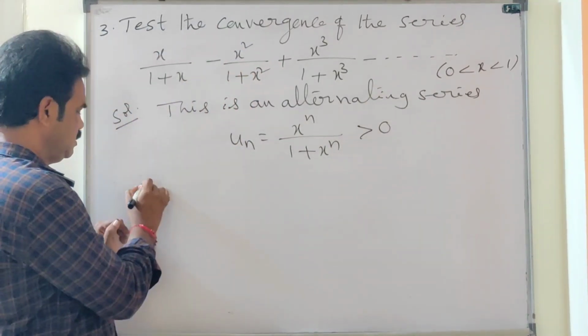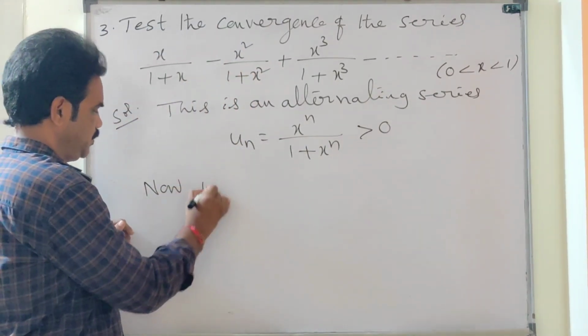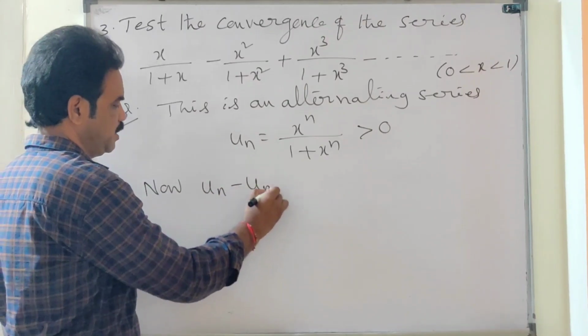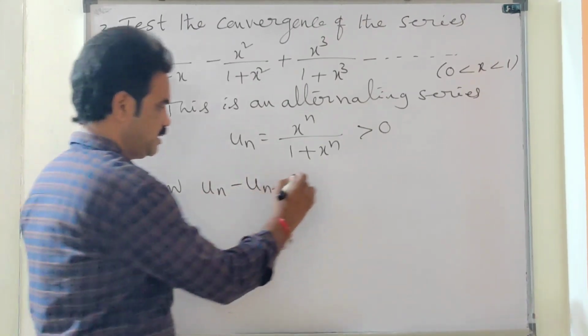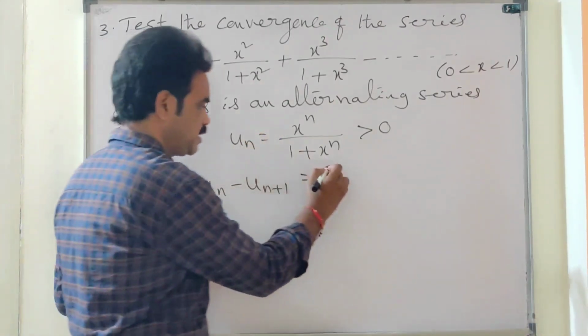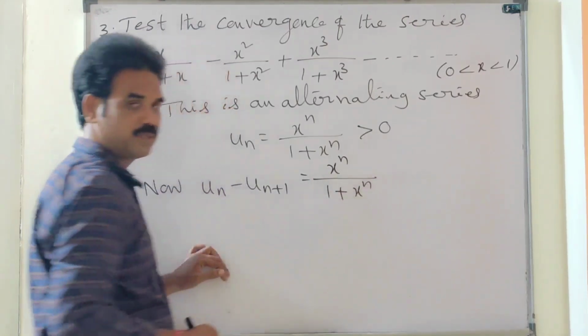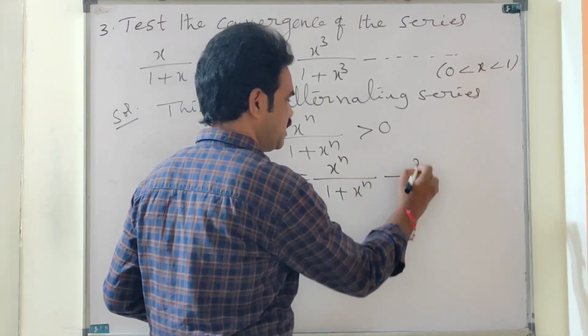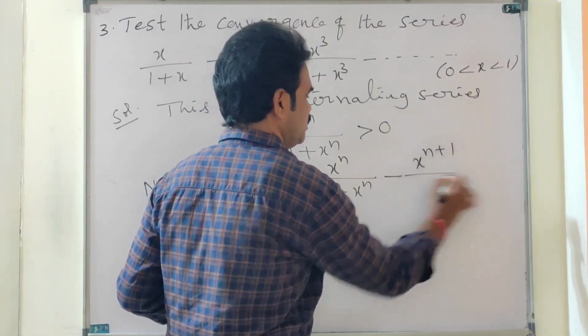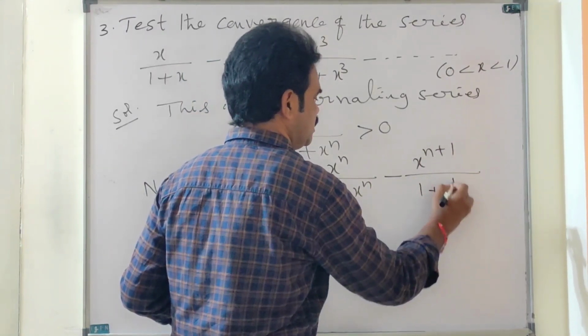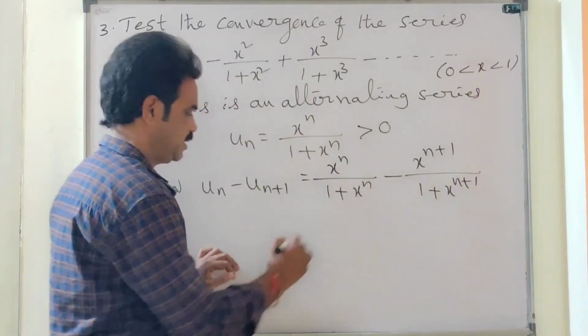Okay. Now consider un minus un plus 1 is equal to, what is un here? x power n by 1 plus x power n, minus un plus 1 is x power n plus 1 by 1 plus x power n plus 1. Okay.